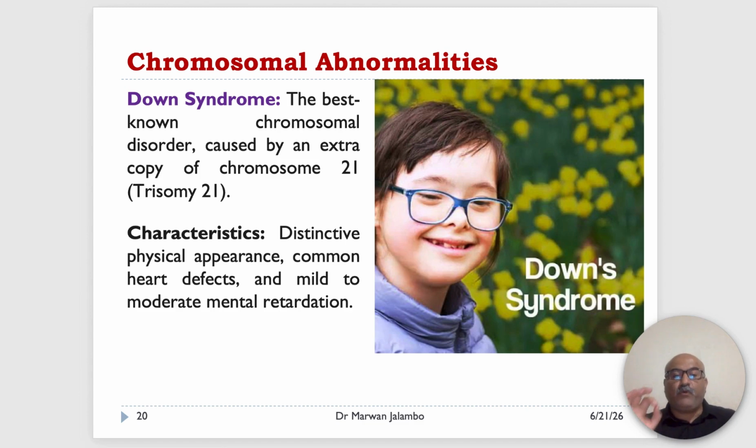The most well known chromosomal abnormality is Down syndrome. Instead of having two copies of chromosome 21, the individual inherits three, a condition known as trisomy 21.